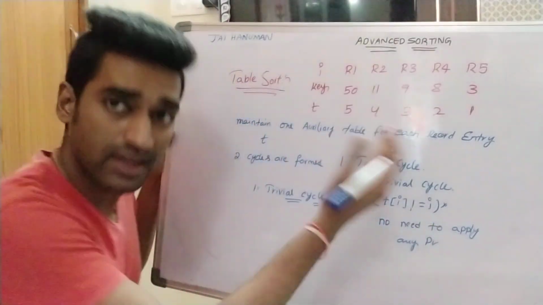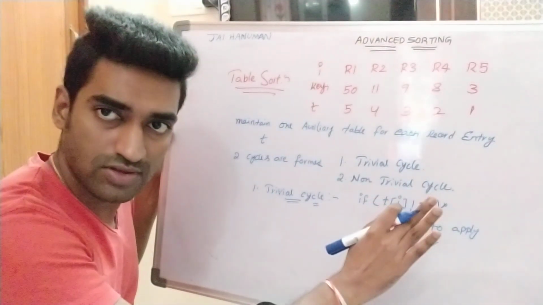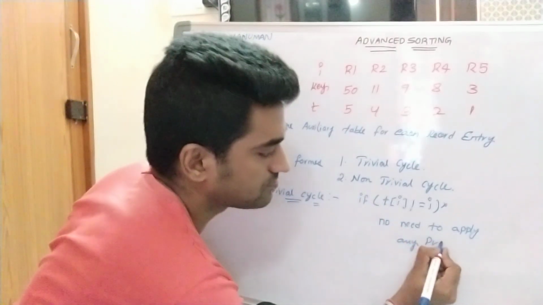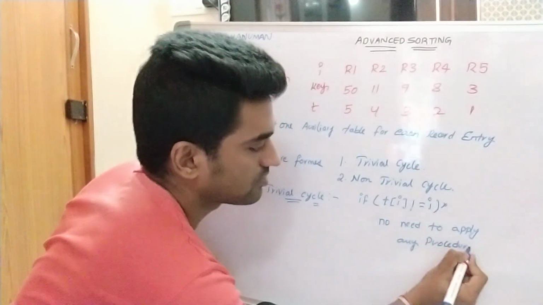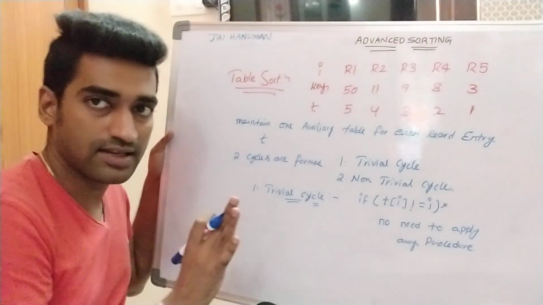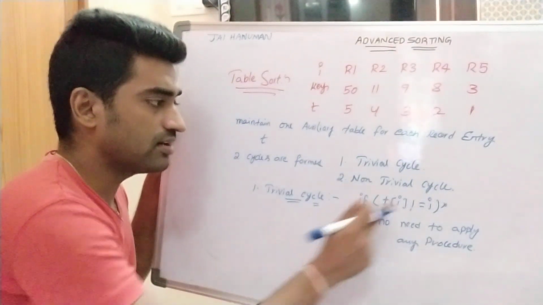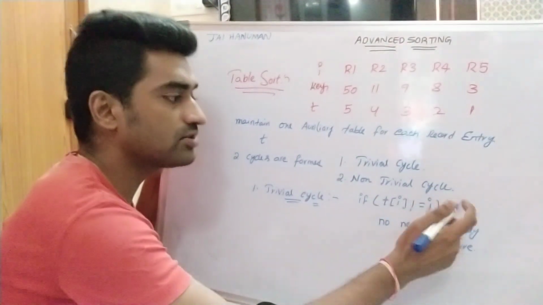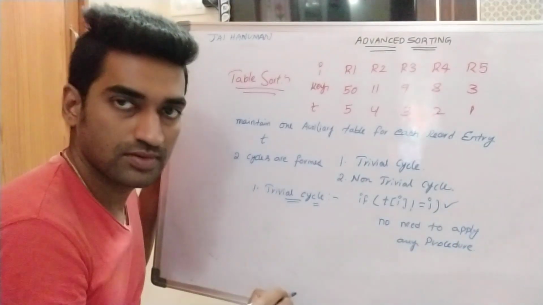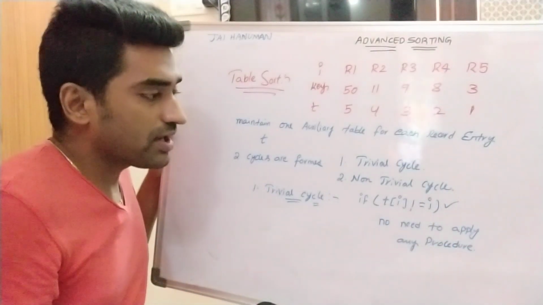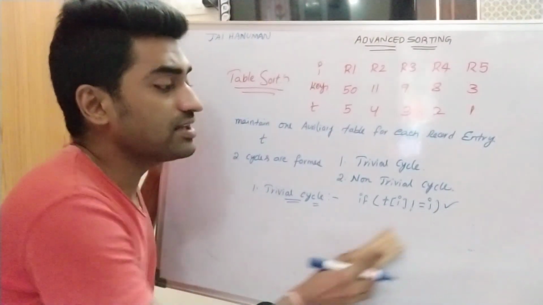Simply T of I is equal to I, no need to apply any procedure. That is nothing but a trivial cycle. Coming to the non-trivial cycle, if T of I not equal to I, the condition is true, and we apply some procedure.